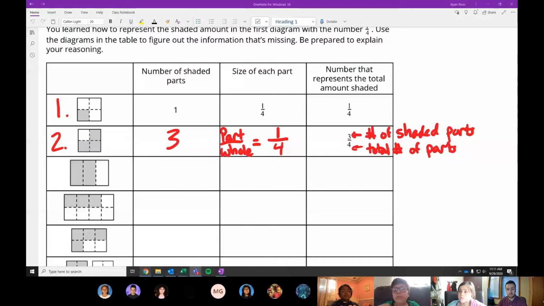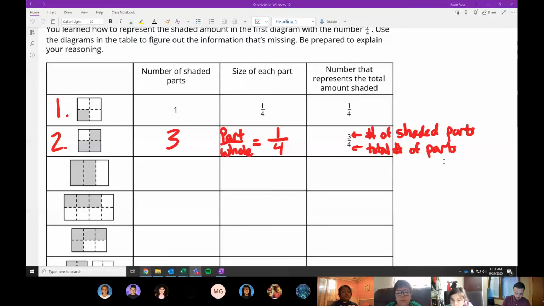So the number on top is the number of shaded parts. The number on bottom is the total number of parts that you could shade for that unit, right? Total number of parts that you could shade in that one square there. But we have 3 of them shaded out of 4 possible. 3/4 is our answer. Great job, Camila. Great job, Sarah.